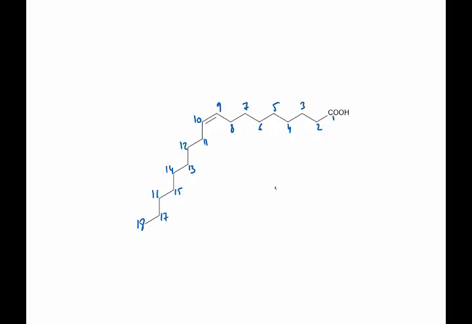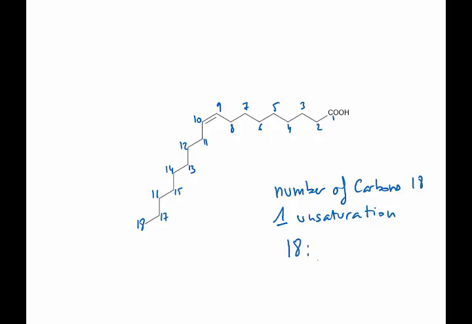So we can say that we have how many carbons? 18, and we have 1 unsaturation, so we can give it the notation 18, 1, and to specify in which position the unsaturation is, we put in brackets the carbon number at which that unsaturation starts.